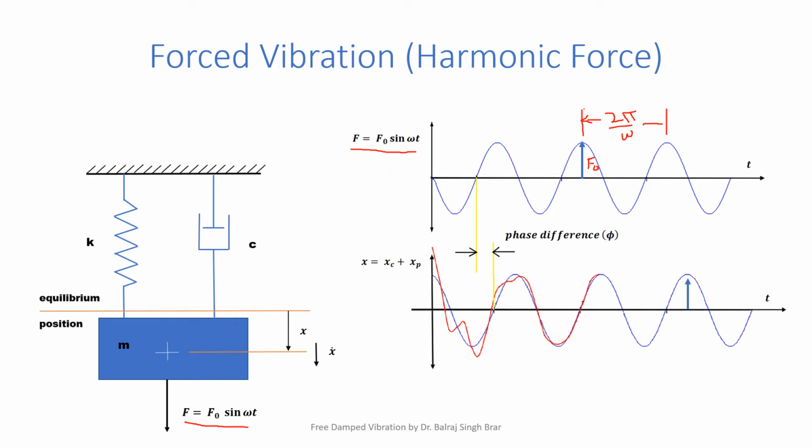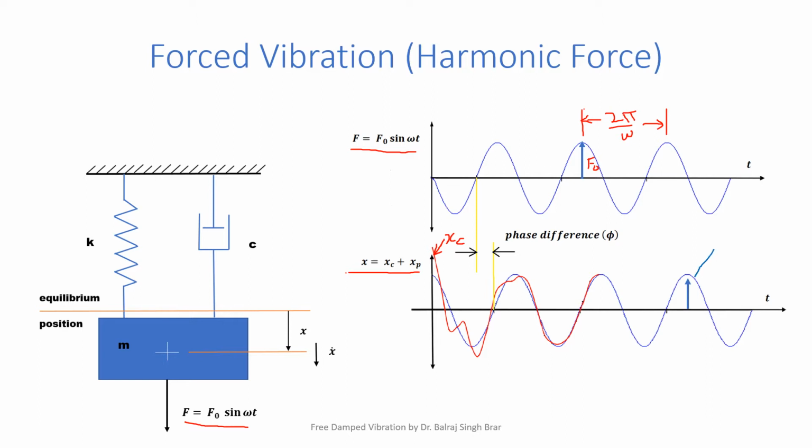Then we have discussed that the equation of vibration of mass x is the sum of the complementary solution xc and the particular solution xp. Now this red profile of vibration shows the complementary solution, which is transient and is there for the initial period only, and the blue profile is the particular solution.